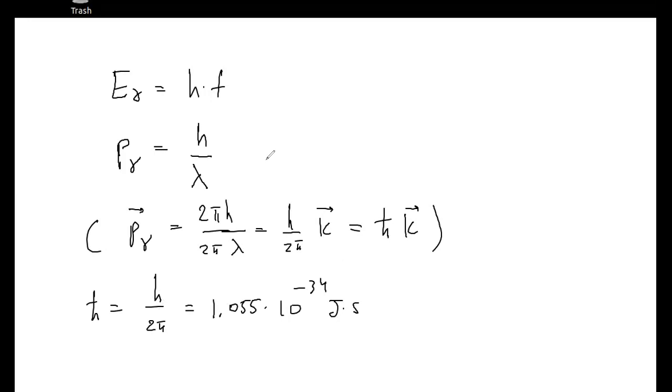But what is more interesting is how the momentum and energy are related to each other. Can someone confirm that the frequency multiplied by lambda is the speed of light?